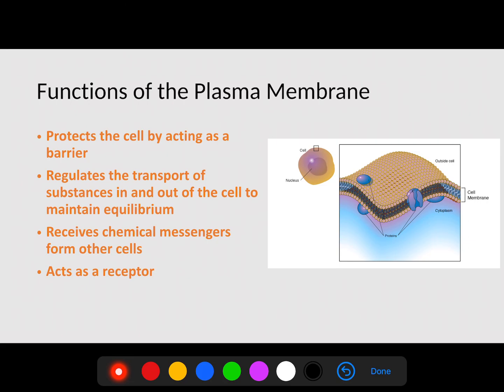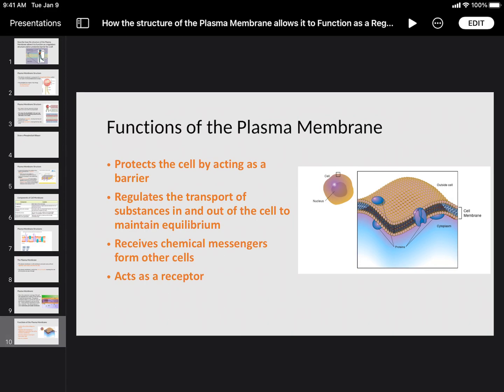It's very resilient, so it doesn't get busted very easily, and it lets certain things come in so that our body is able to maintain homeostasis at any given point of the cell. Okay, so hopefully this gives you all the information you need about the plasma membrane.